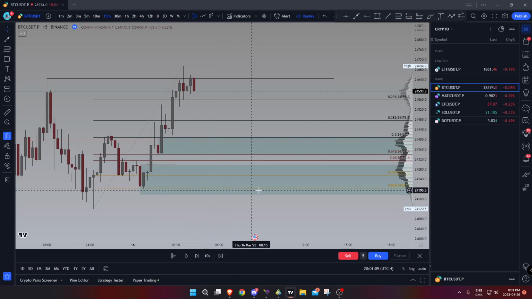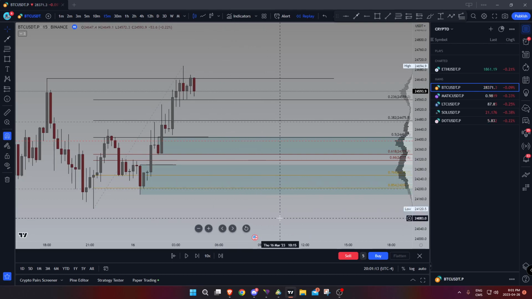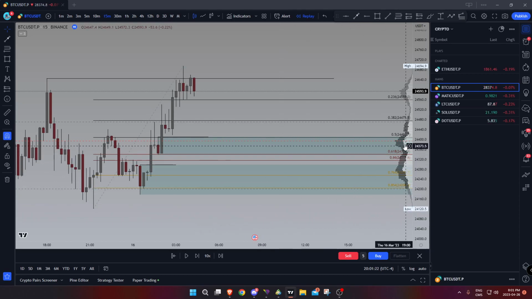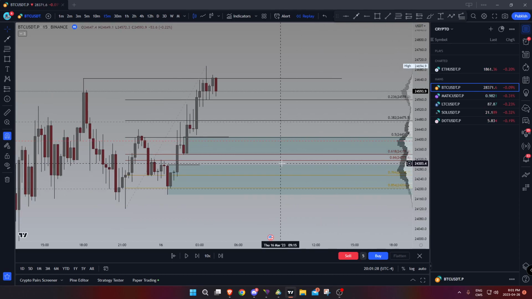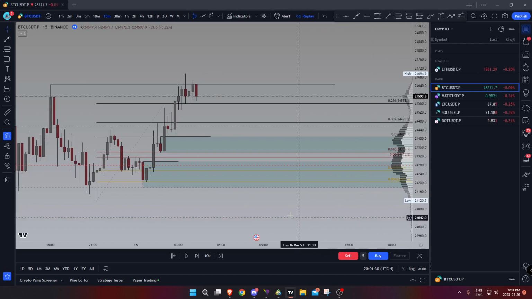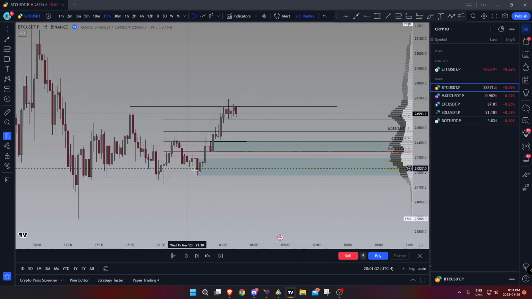And I have this one here that is inside the lower order block. But you need to think of something when you're looking for an order block and have maybe two valid order blocks right here. First of all, I'm always looking at my volume profile when I have two of the kind right here. Where is the most trade volume of these two?